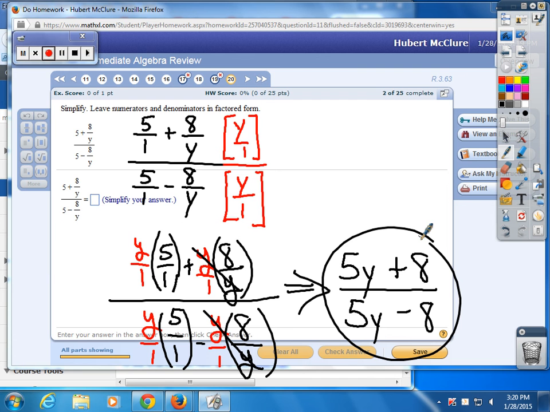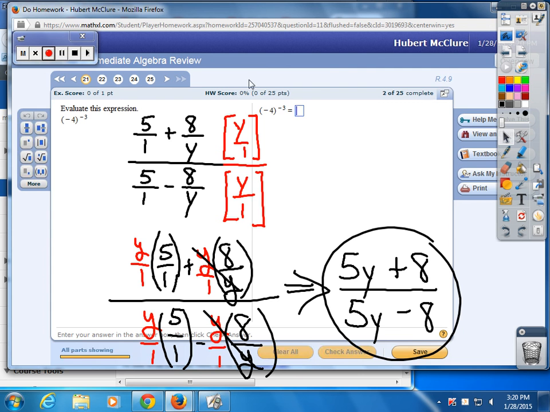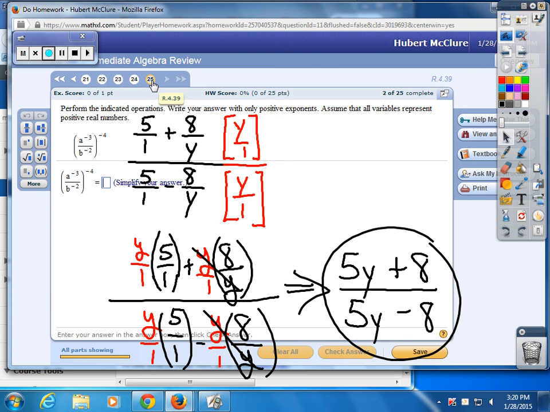Okay, y'all. Let me see what else y'all got, and I'll tell you if y'all are ready for chapter 1 yet or not. Those are exponents. I showed you those. Yep, that's inverse power rule. Flip these two.